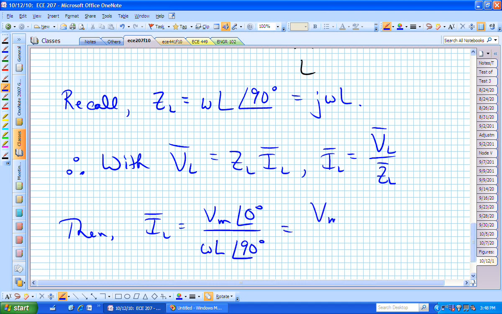So we have V sub M over omega L at what angle? We now need to subtract the angles. The bottom is subtracted from the top, giving us minus 90, and we might call that I sub M at minus 90 degrees.